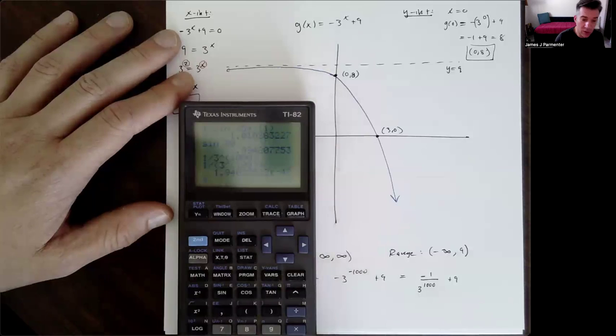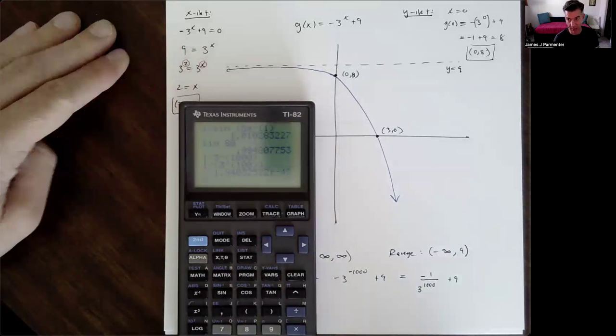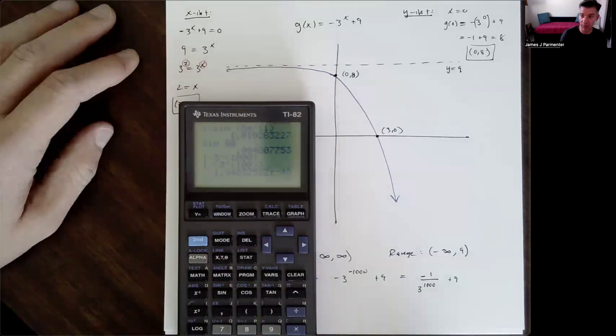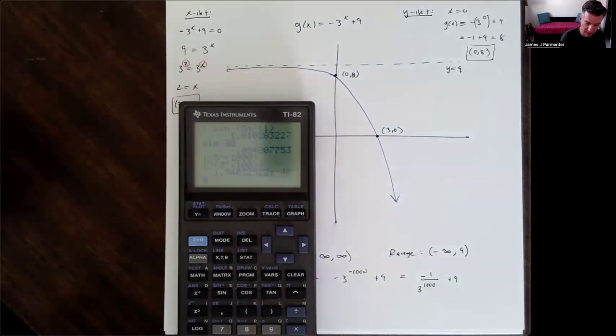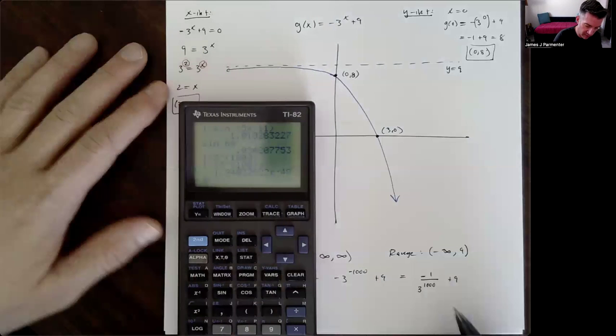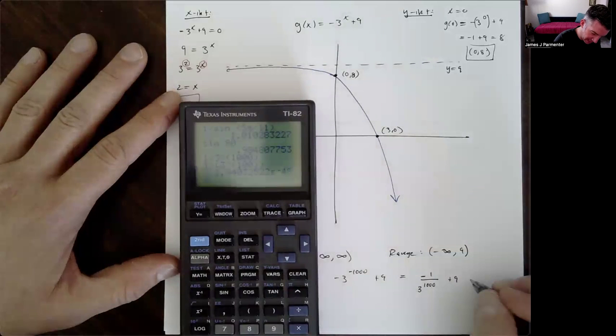There we go. Super duper small, right? 1.94 times 10 to the negative 48th power. So it's a very, very small negative number plus 9. This is just a tiny bit less than 9, but it's practically 9.